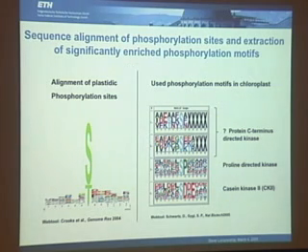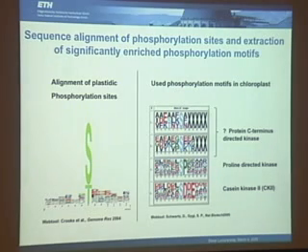When you do this analysis, you see that there are three major signatures that come up in the chloroplast. There's a kinase that has actually not been discovered yet, which we think is a C-terminal directed kinase that gives you this specific signature here. It's a proline-directed kinase, and then there's a casein kinase 2 signature that comes out of the alignment of all these phosphorylated peptides.